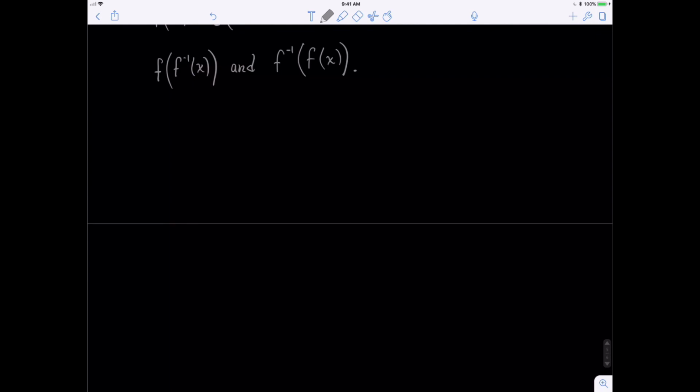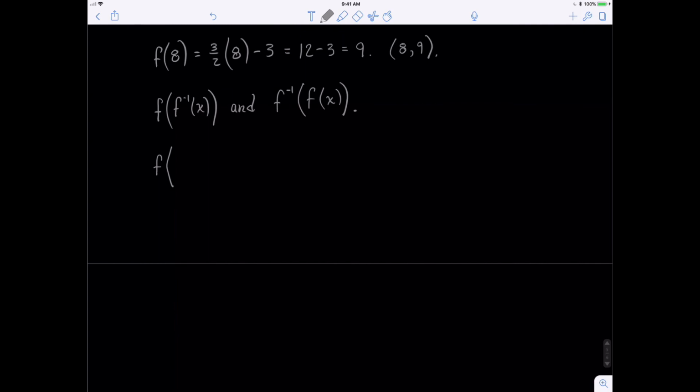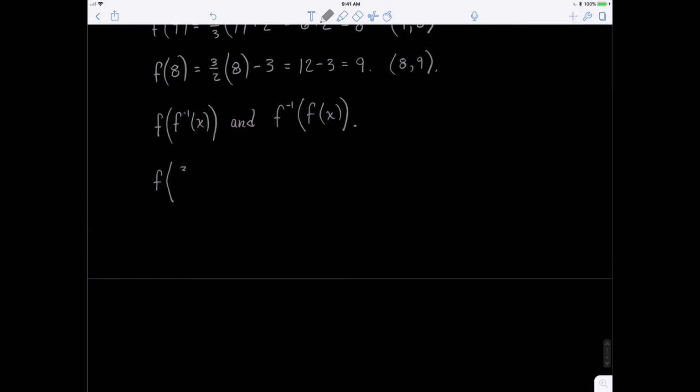So let's see how this works. If I take f and I put f inverse into it, well, that's 3 halves x minus 3. And now I put 3 halves x minus 3 into the original f. Well, that's 2/3 times 3 over 2 x minus 3, plus I add a 2.